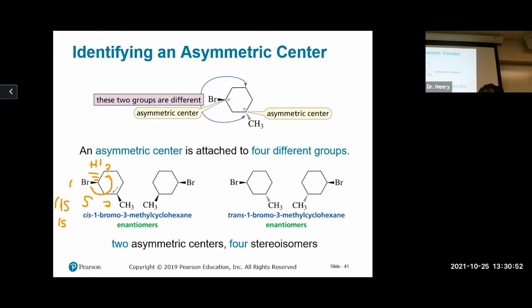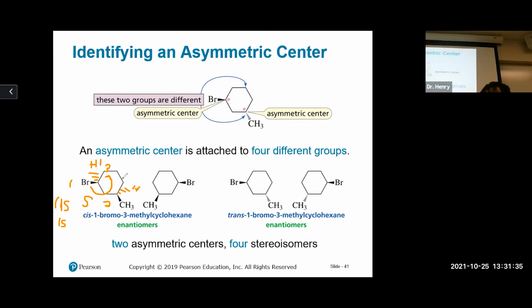And then what about the 1, 2, 3? The 3 carbon? Who has priority? Again, it would have a hydrogen going in the back. So 1 would be, would it be this one? Would it be this one? Or would it be that one?